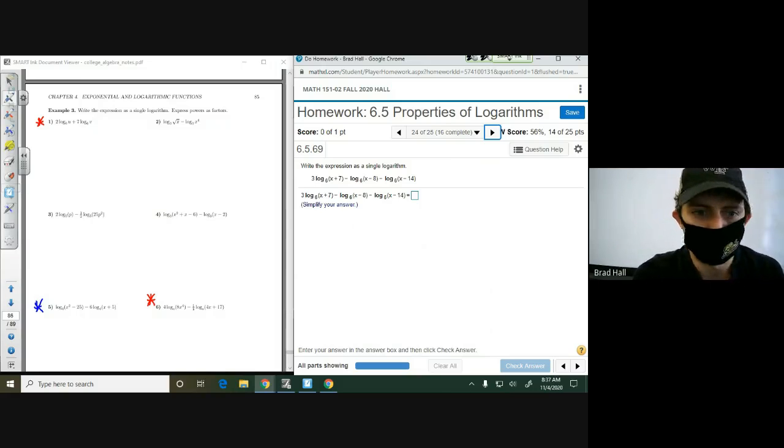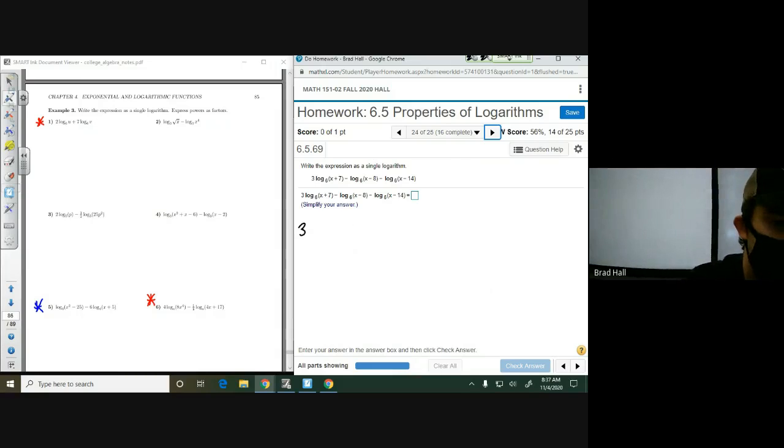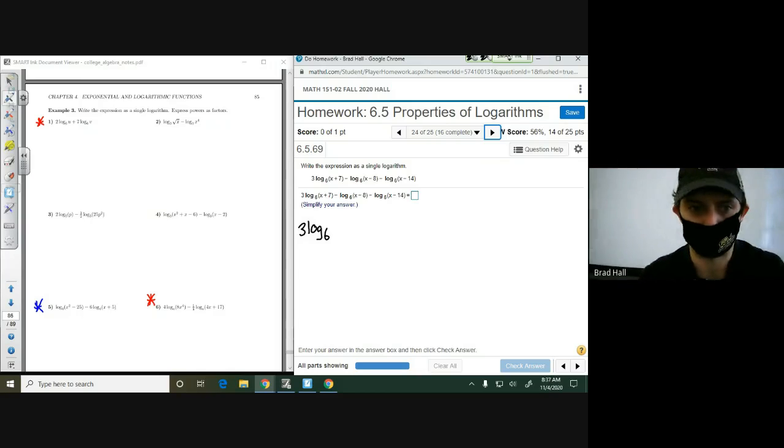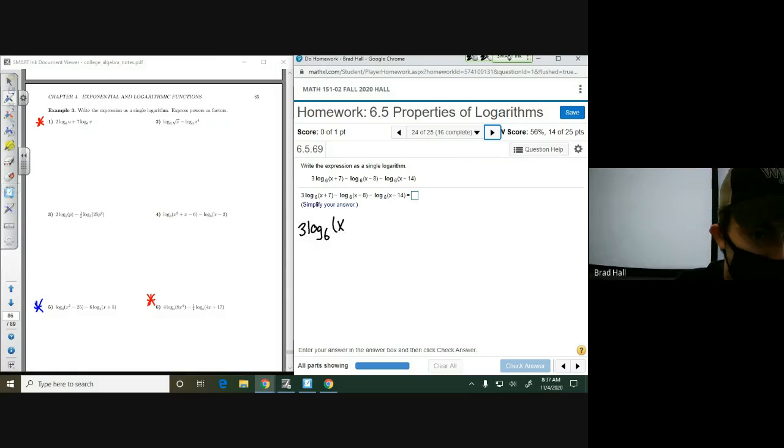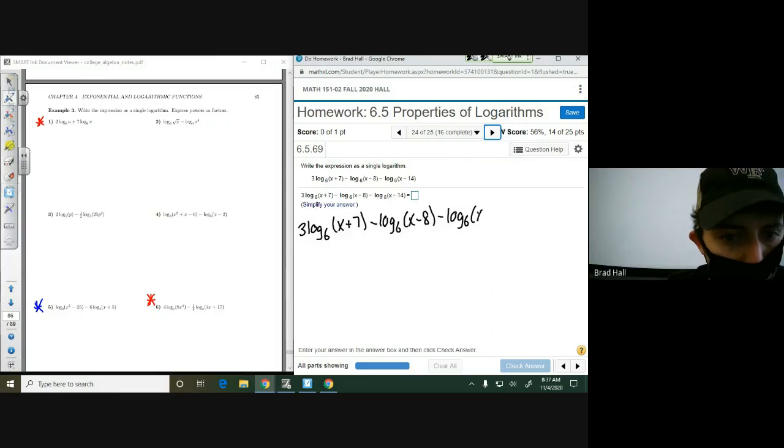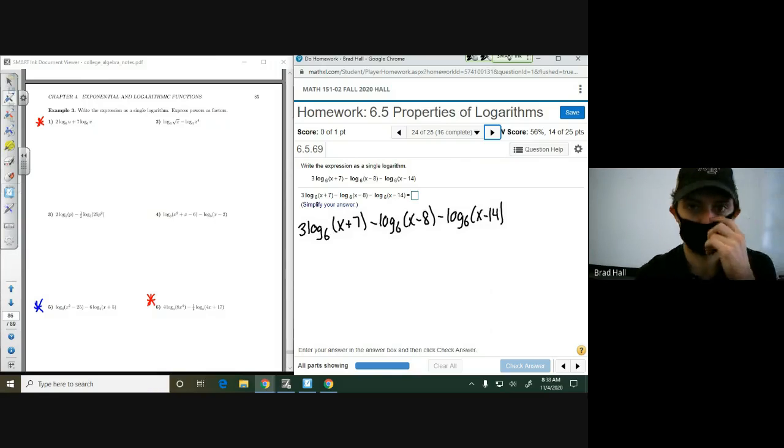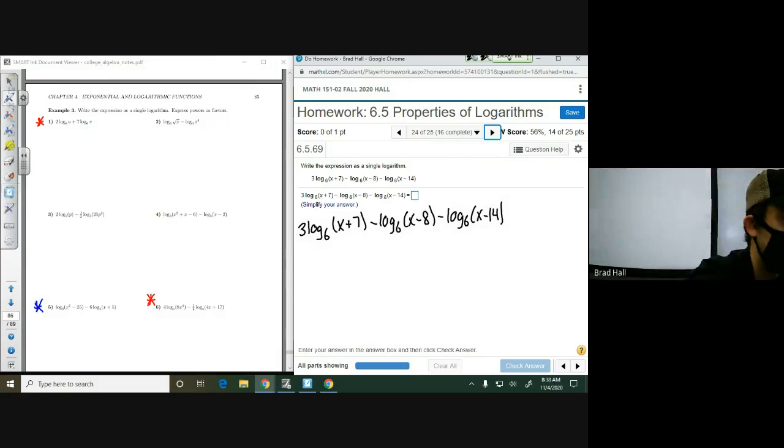For this problem here, we want to take what seems to be a difference of several logs and combine them as a single log. Really the first thing we have to do is make sure that all factors are rewritten as powers.